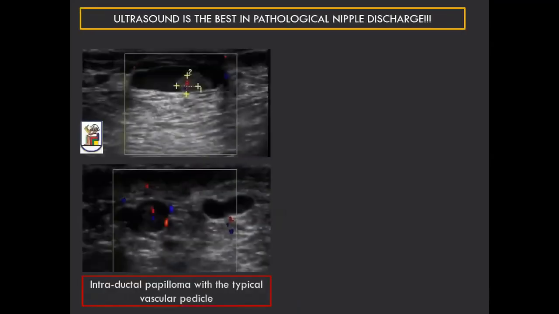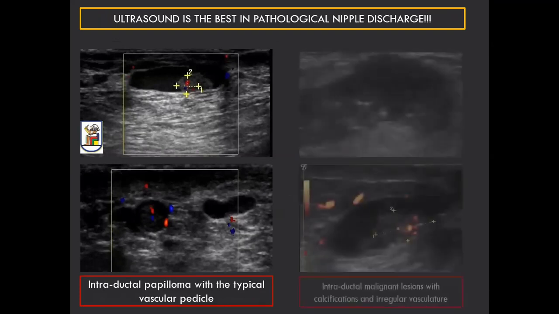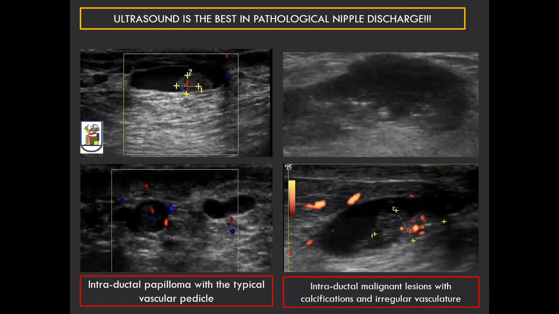And it can also diagnose small intraductal papillomas with their characteristic central vascular pedicles. And it can tell us whenever we have an intraductal malignant lesion, with increased vascularity and calcifications evidently seen on the ultrasound.